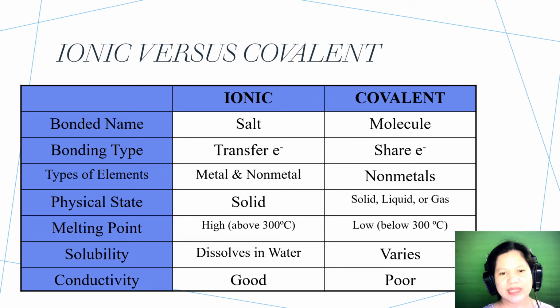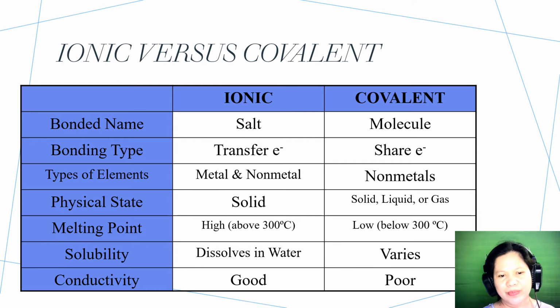So what about the physical state? Ionic, mostly in solid state. What about for covalent? It could be in solid, liquid, or gas. Melting point, high or above 300 degrees Celsius. While for covalent, below 300 degrees Celsius or lower.